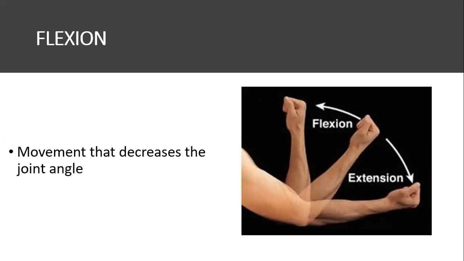So if I had a piece of glass separating my body into right and left halves, and I do elbow flexion, notice how it goes along the piece of glass. It doesn't make contact with it. So flexion and extension occur in the sagittal plane, except for the thumb. And we'll talk about that.